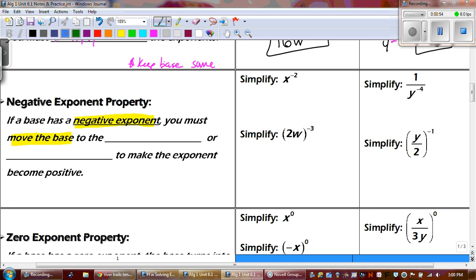And you're either going to move it to the numerator or denominator to make the exponent become positive. And once you move that exponent, that's when it becomes positive. Okay, so let's take a look at our first couple examples.